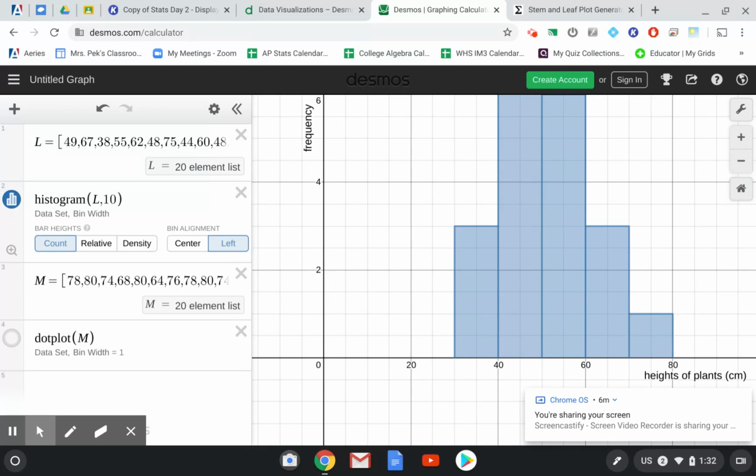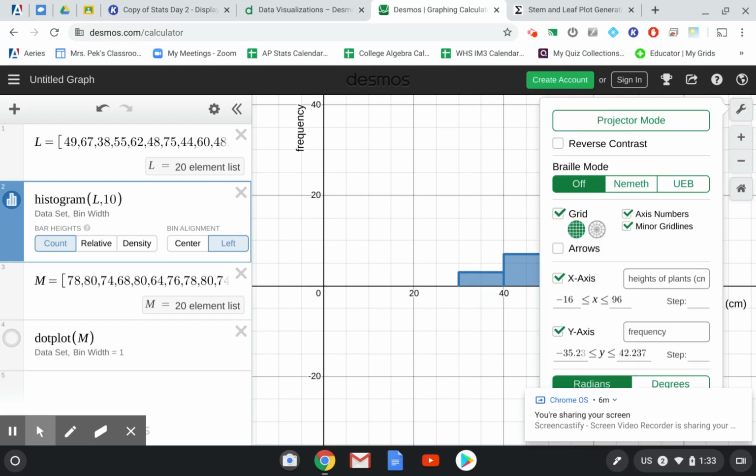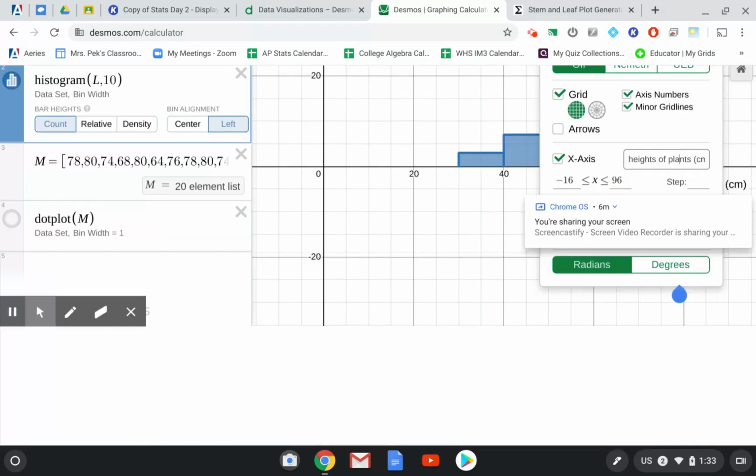This little plus sign in the magnifying glass allows it to zoom in a way that lets you see the whole thing. Another thing that's nice on Desmos is if you go up to the little wrench settings icon, you can title your x-axis and your y-axis.